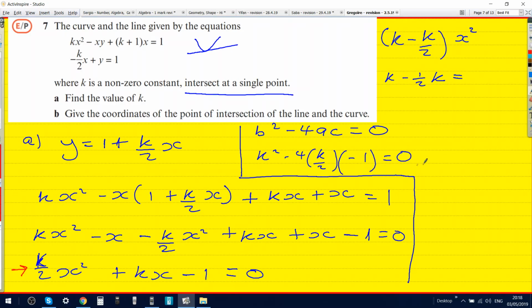And then from here, we rearrange it to get k. So we can open the brackets, multiply the brackets. So that's k squared minus 4k over 2 minus 4 equals 0. And so simplify.